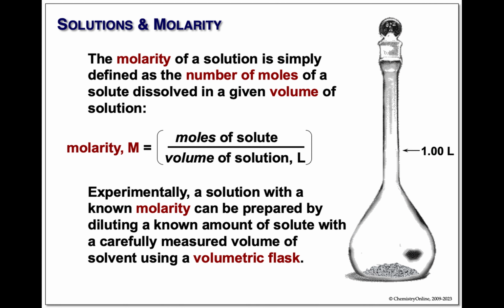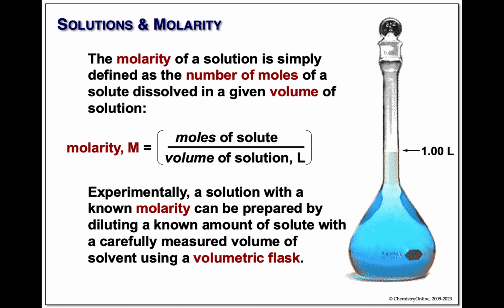We will now add water very carefully, right up to the etch mark for 1 liter. We now know our volume in liters, 1, and we know the number of moles because we weighed them and put them in there. With molality, you do it differently. You put in your liter of water first, then you add the solid.